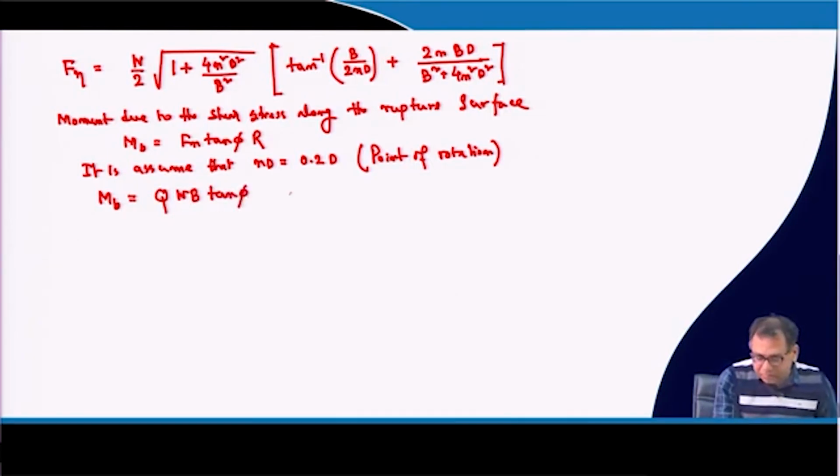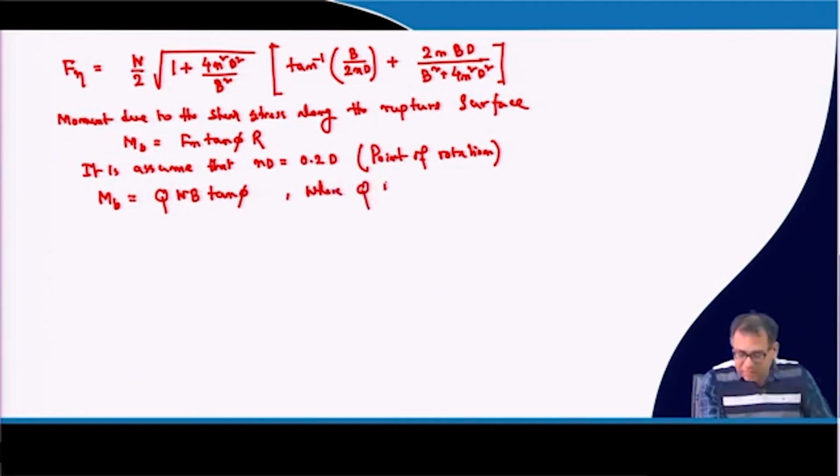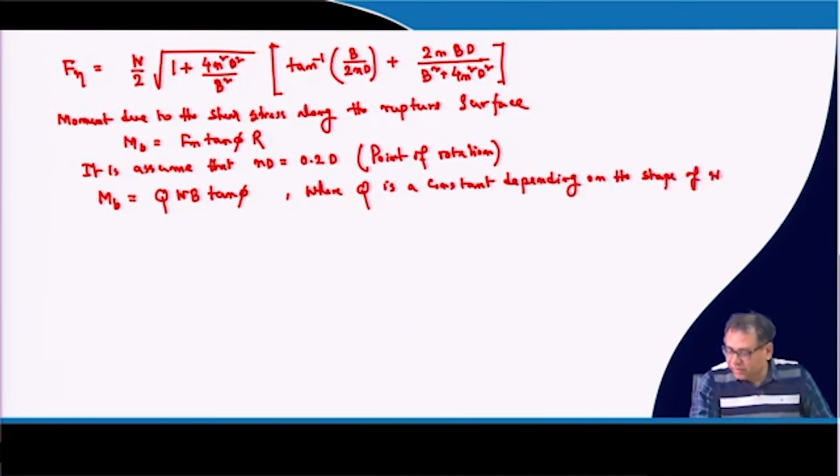Now where q is a constant, depending on the shape of well and d by b ratio.